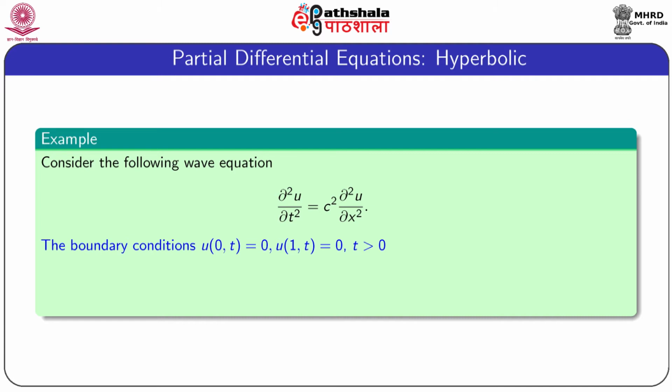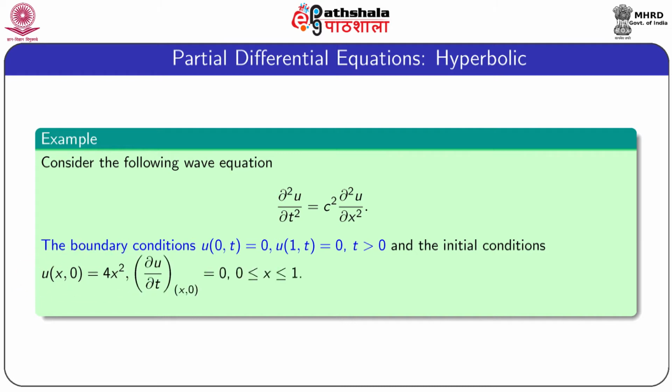The boundary conditions are u(0, t) equal to 0, u(1, t) equal to 0 for any t greater than 0, because t is a time. Since it is a boundary condition, therefore t should be greater than 0. That means we have assumed that the value of x lies between 0 and 1, and the initial conditions are given by u(x, 0) equal to 4x square, and del u by del t equal to 0 when t equal to 0, and these two conditions are satisfied for all values of x between 0 and 1. So, for this problem, two boundary conditions and two initial conditions are given.